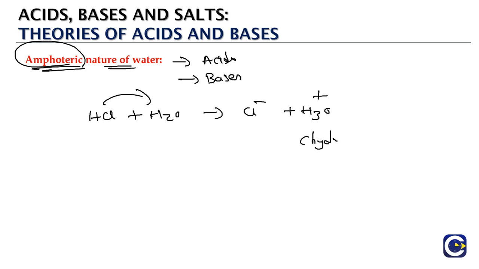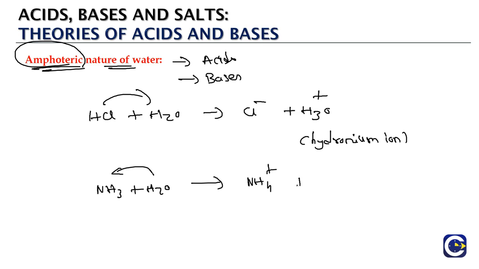This ion is called the hydronium ion. And water can even react with bases like ammonia. In this case, water will donate a proton, so we will get NH4 plus and OH minus. So what we see is that water is able to react with both acids as well as bases, and hence we call water amphoteric in nature.